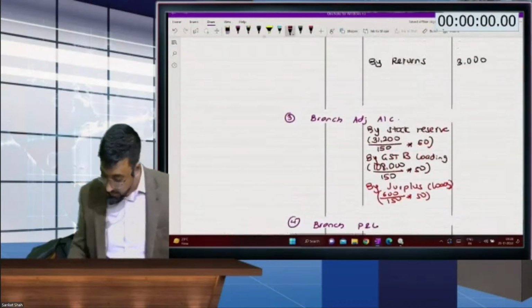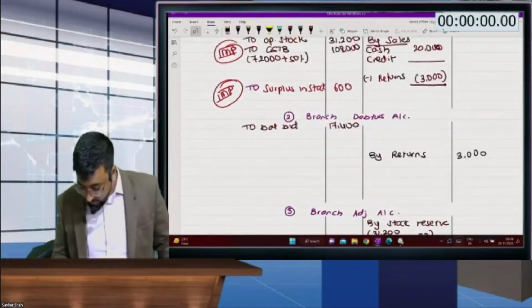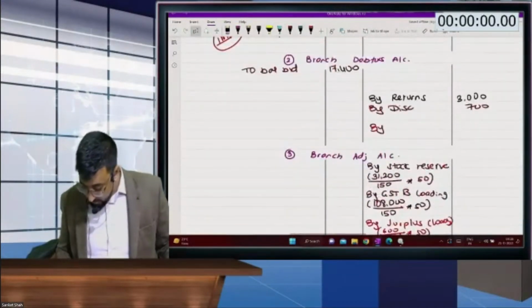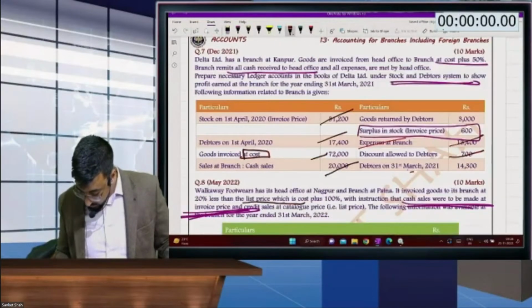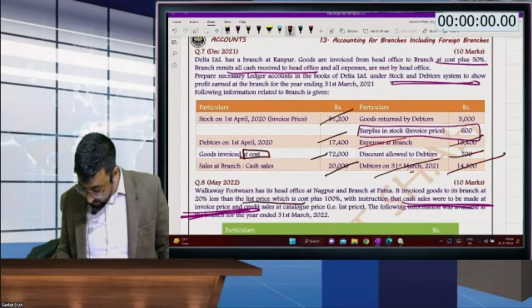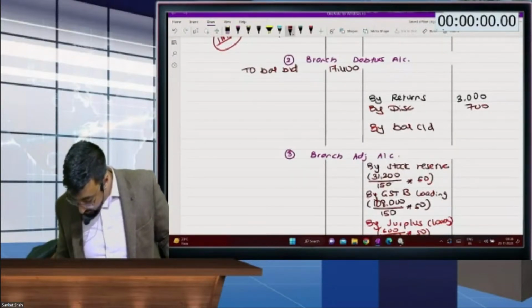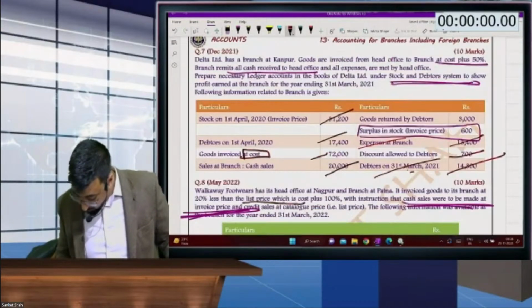And second effect, by discount 700. Then closing balance of debtors, by balance carried down, how much? 14,300.